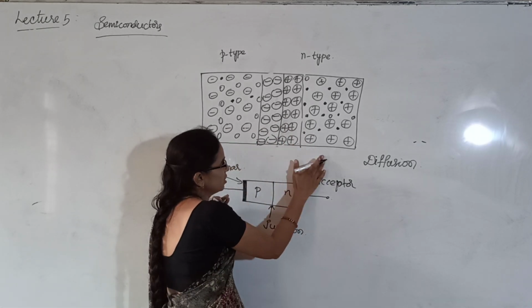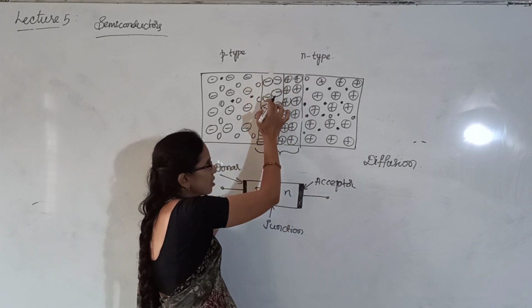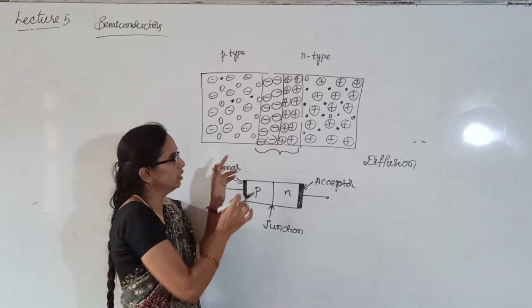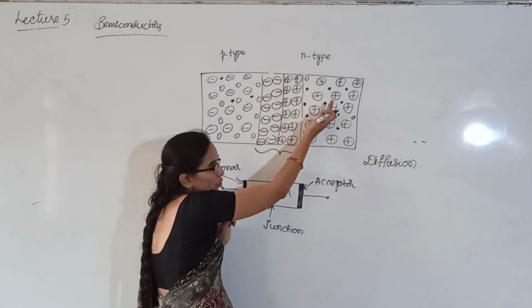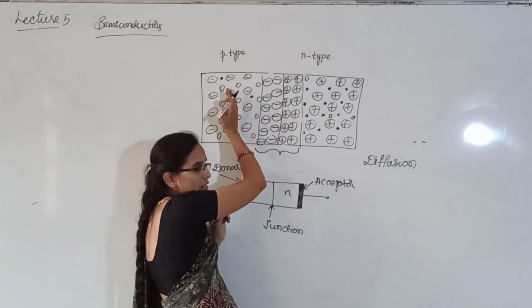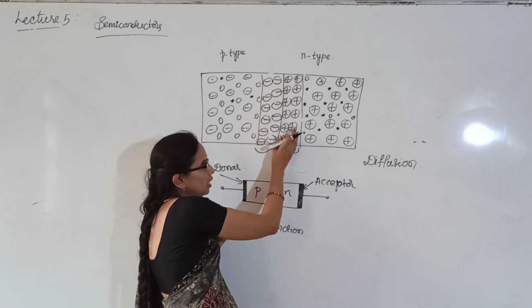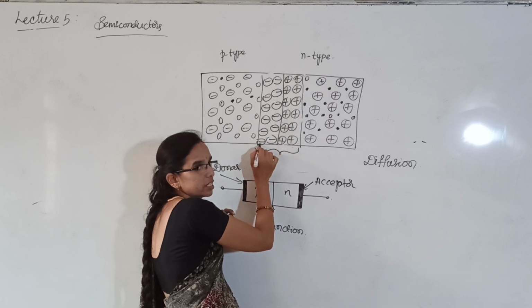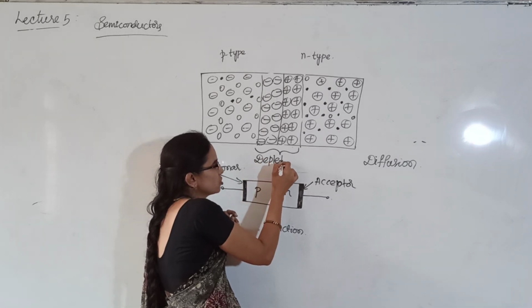This is the region where there are no free electrons or holes, because holes and electrons have already crossed. There are no charge carriers in this region. This is called the depletion region.